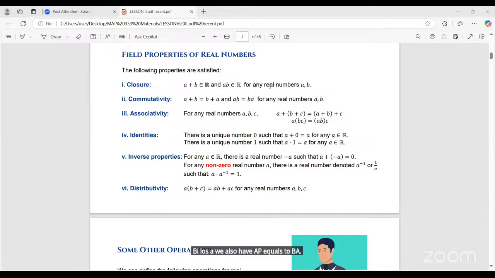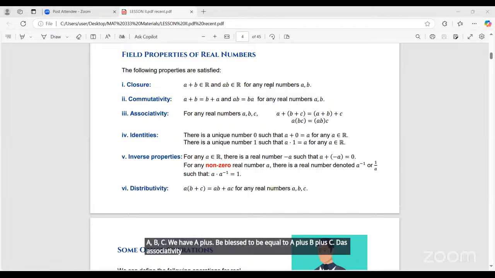We have the associativity property that says for all real numbers A, B, C, we have (A plus B) plus C equal to A plus (B plus C). That's associativity under addition.